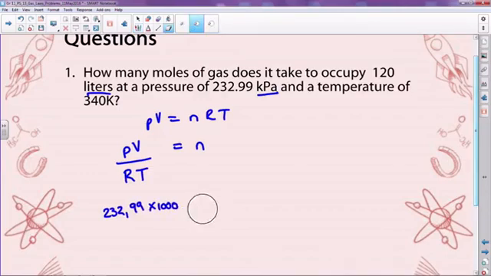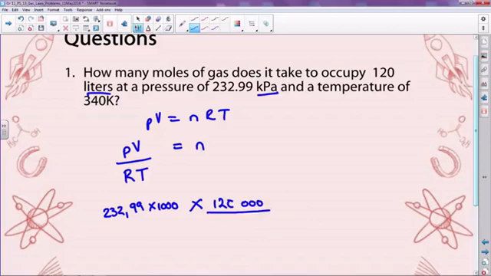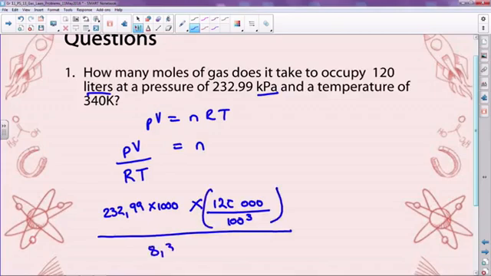Okay, let's move this out the way. And my volume is going to be 120,000. So it's 120 centimeters cubed. 1,000, I was right. And I'm going to divide that by 100 cubed. Okay, all of that has got to be divided by 8,31 and multiplied by 273.